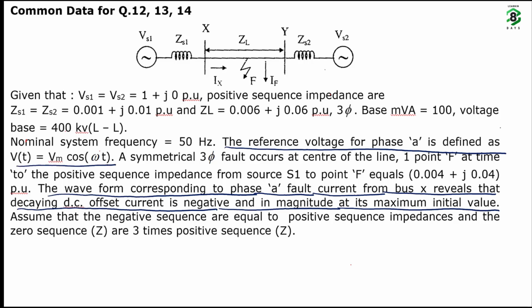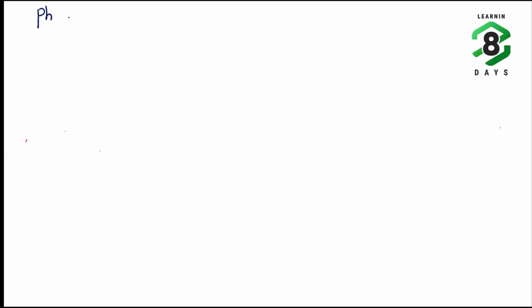The source 1 and source 2 impedances are the same, and the line impedance is this much. Okay, base MVA and base voltage are given. Okay, let us draw this diagram. I am drawing the phase A fault impedance diagram.